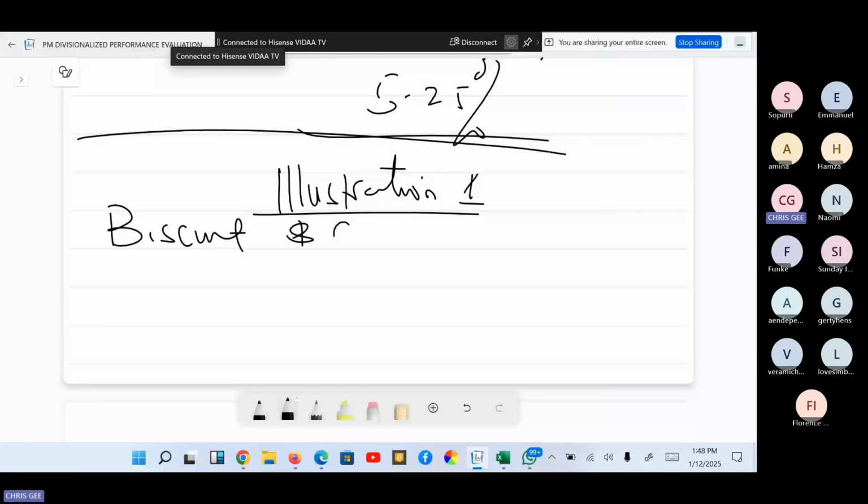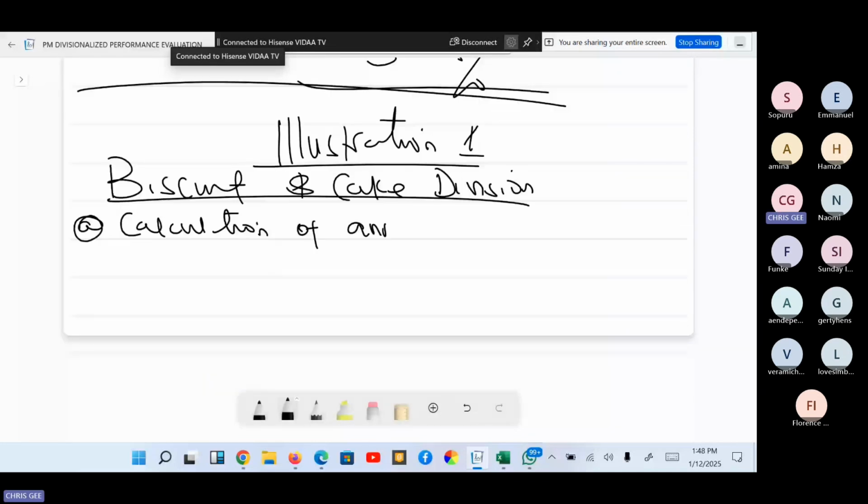Biscuit and Cake division. The A part of the question asks us to calculate what? Calculation of, remember, annualized return on investment.